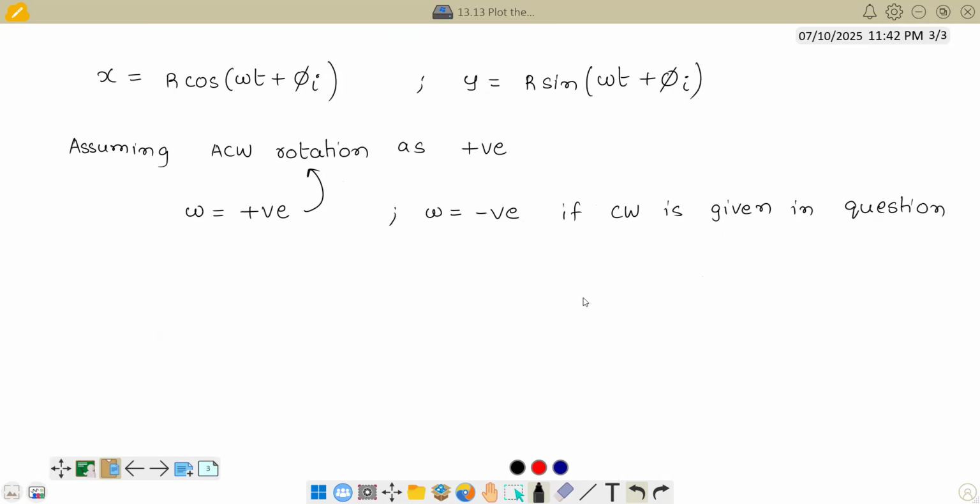The next one is this initial phase is measured with respect to the positive x-axis.